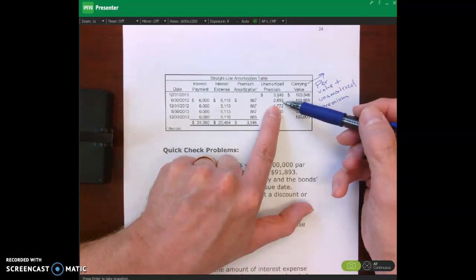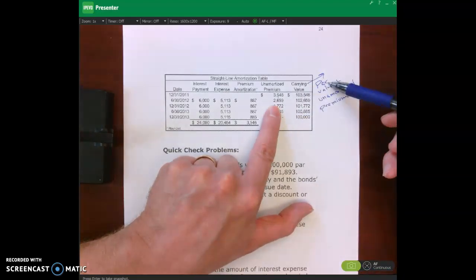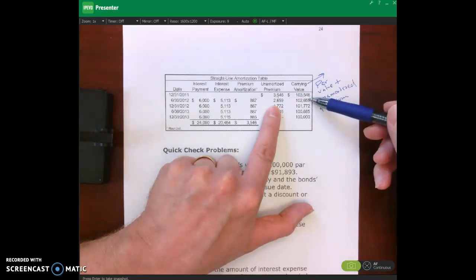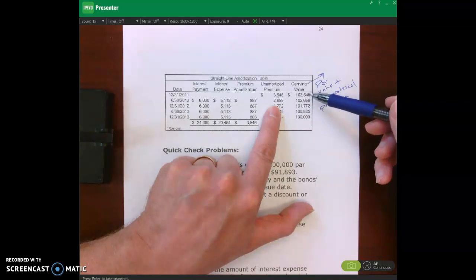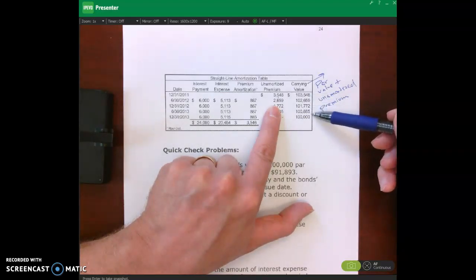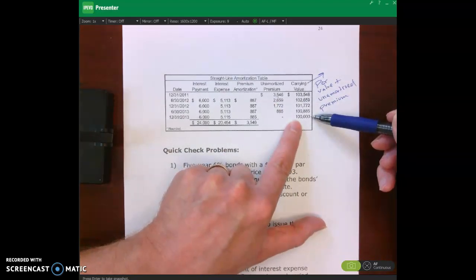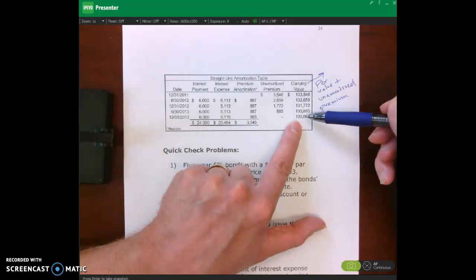It's $887 less. My par value stays constant, 100,000, plus a smaller number, the carrying value goes down. So what's happening over here is you can see the carrying value of the bond is decreasing until maturity, at which point the carrying value of the bond equals the par value of the bond, and then I would pay back the par value by debiting bonds payable and crediting cash.